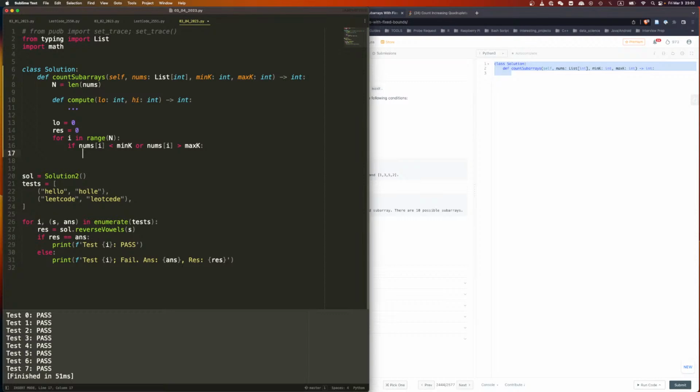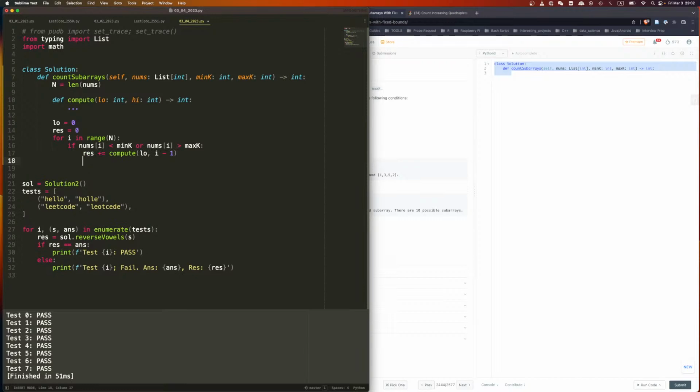Now what do we do? We will say compute low and i minus 1, because that's the high, right? So we say res plus equal to this. Now once we're done, low shall equal i. So we're going back up.